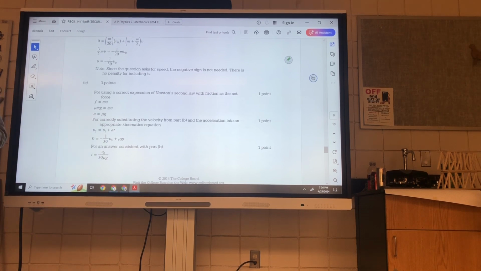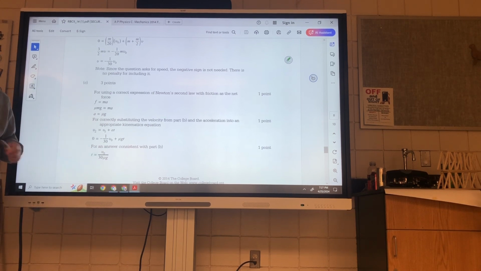So now that I have my acceleration, I'm going to put it in here. Now there's an issue here we're going to have to talk about, for correctly substituting. The disc and the person need to slide to a stop. So what's the final velocity? 0.